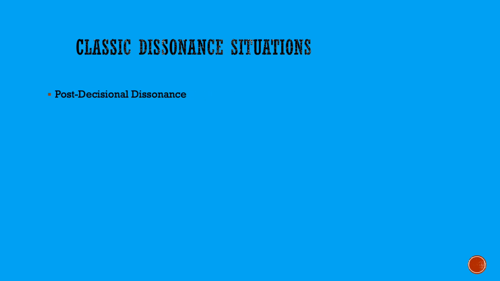The first one is called post-decisional dissonance. Whenever you're making a decision between two equally attractive alternatives, what you'll experience when you make the choice, right after you've made the choice, is a certain discomfort.